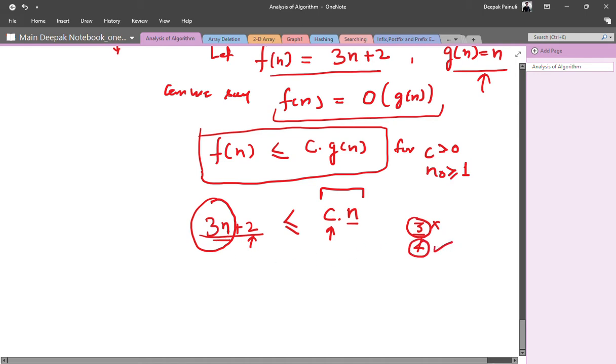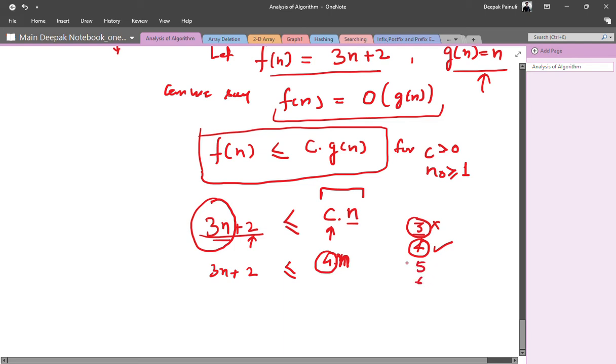How? Whatever the value of n, 3n plus 2 will always be less than or equal to 4n, right? If we put 4 here, then definitely 3n plus 2 will be less than or equal to 4n, right guys? So what we found is that the minimum value of c would be 4. It could be 5 also, it could be 6.